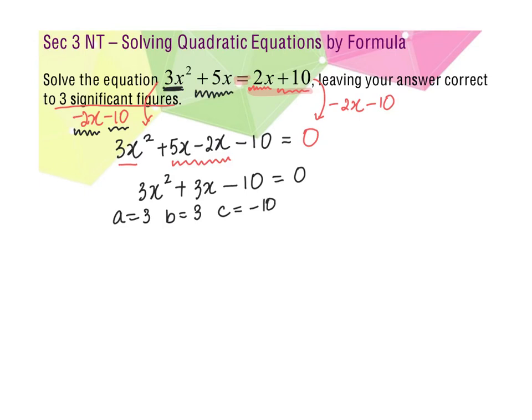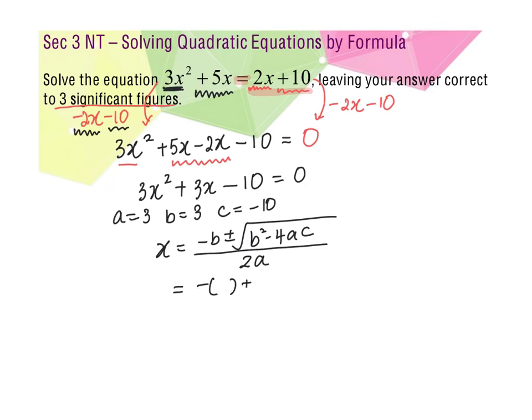Okay, so we write down our formula: x equals minus B plus minus square root of B squared minus 4AC, over 2A. And that will be negative B, where B is the number 3, A is the number 3, C is the number negative 10.